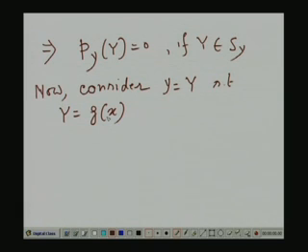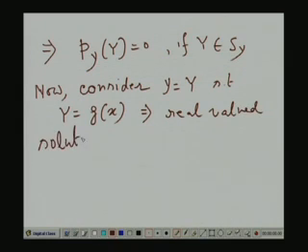That means there exists one value or many values on the real axis for which the function, when evaluated on those values, gives rise to y, that is, leads to real valued solutions for x. We will find out the probability density of y, p y of capital Y, for such a case now.